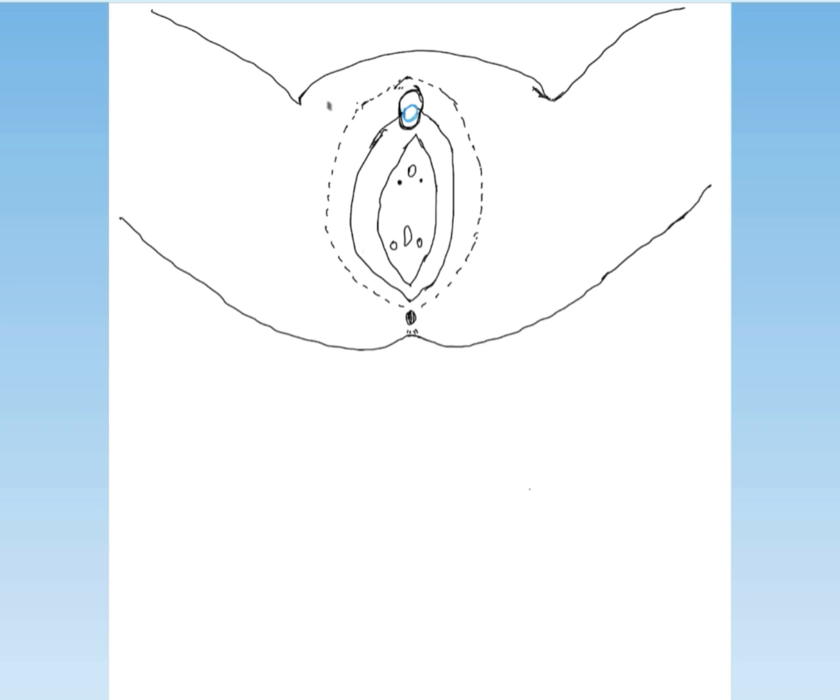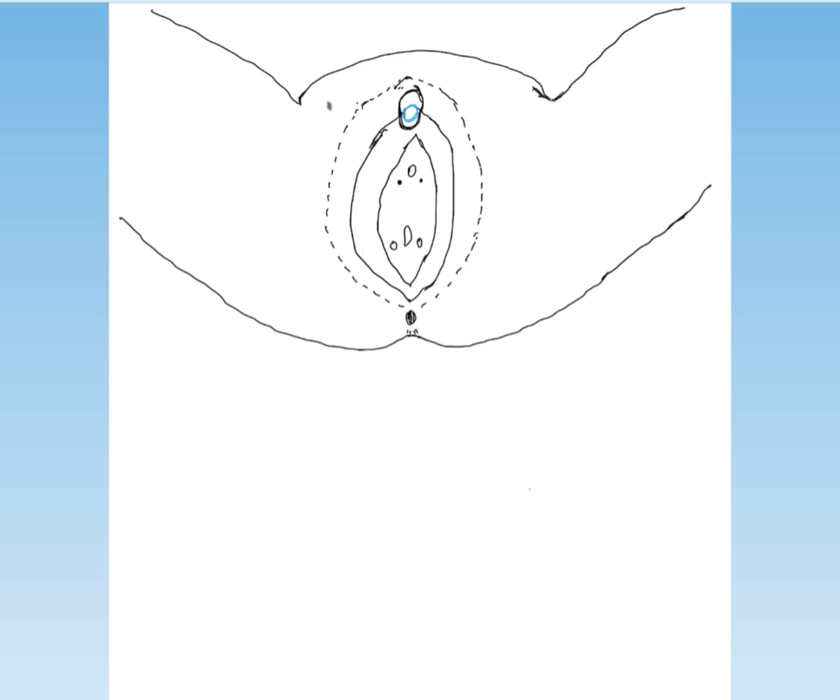So as we discuss one by one, we will label one by one. The drawing you see here is the external genital organ of a female body, which you can see from the outside.